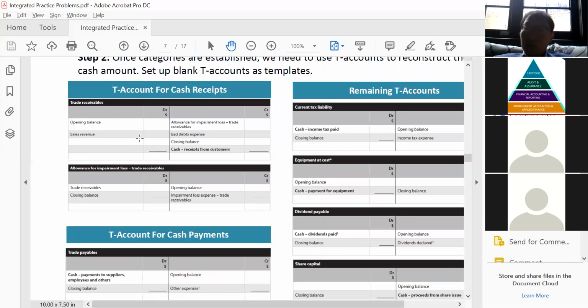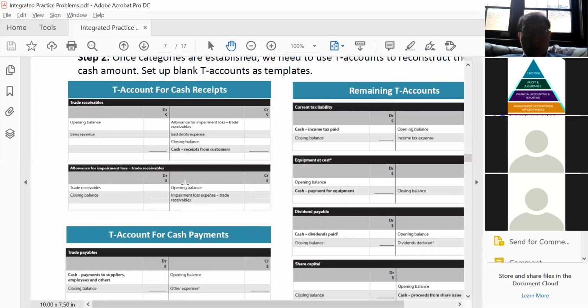Okay, so any revenue that is earned by the company is booked as a debit in trade receivables. Okay, so that's why the sales revenue sits on the debit side. For the items that then result in a decrease in trade receivables, okay, we have the allowance for impairment losses, we have bad debts expense. Okay, and so they sit on this credit side. And then for the allowance for impairment loss, we need to think, well, what impacts this account here?